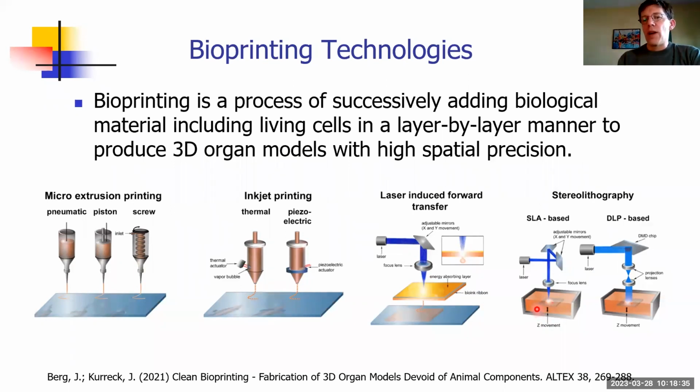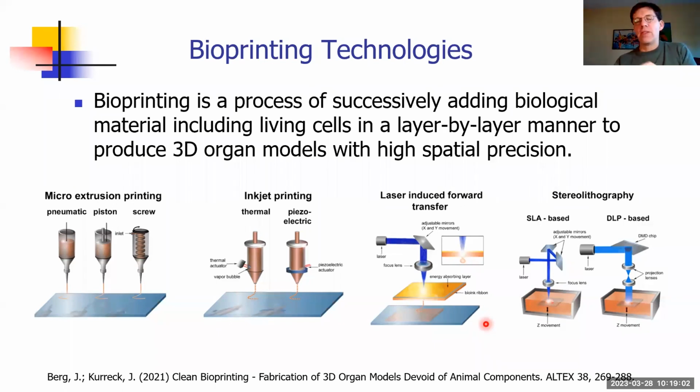A specific variant of stereolithography is digital light processing, and I want to mention this here because later on I will show you a study where we use digital light processing. In this case, we don't only use a thin laser beam that solidifies material at a certain position, but we solidify the whole layer at once with a mirror technology.